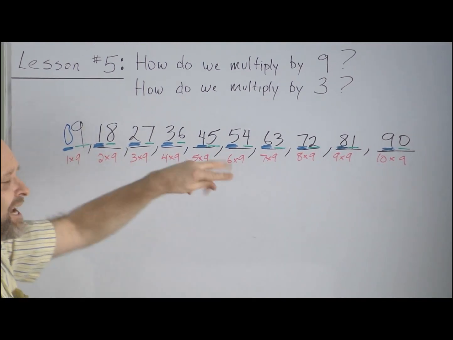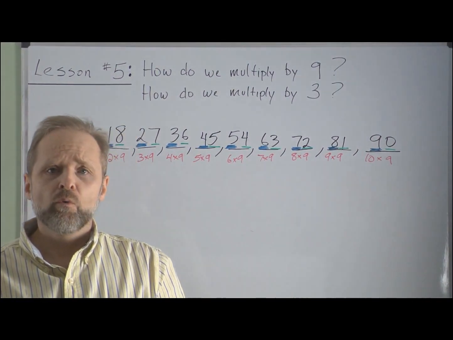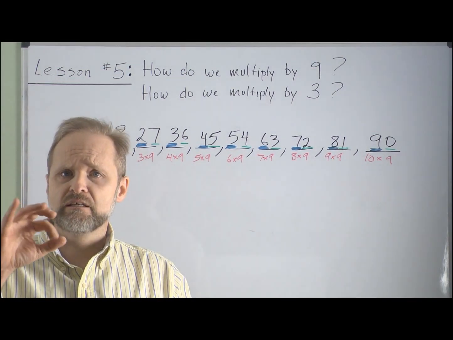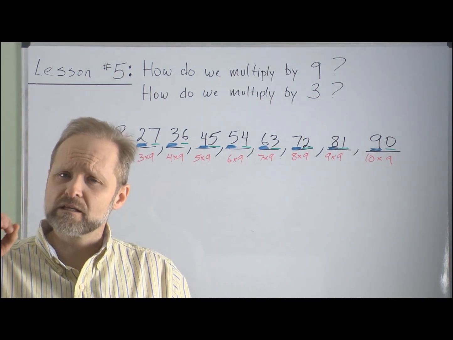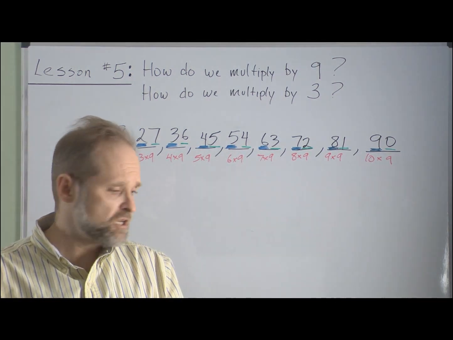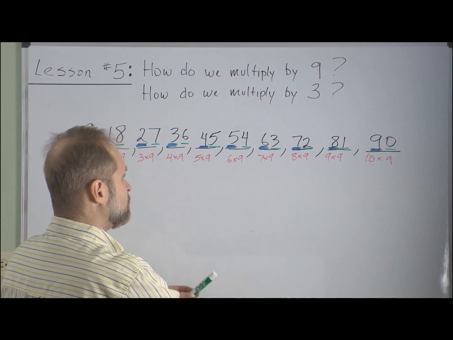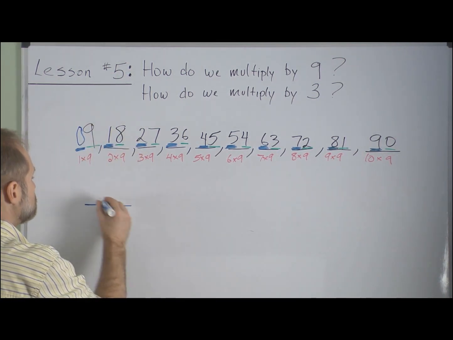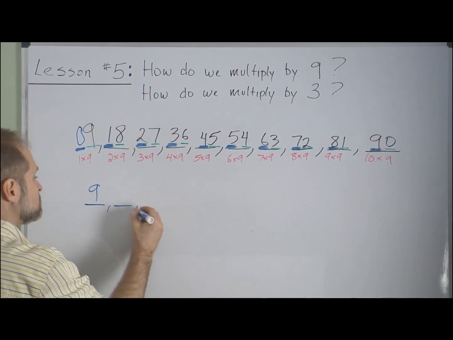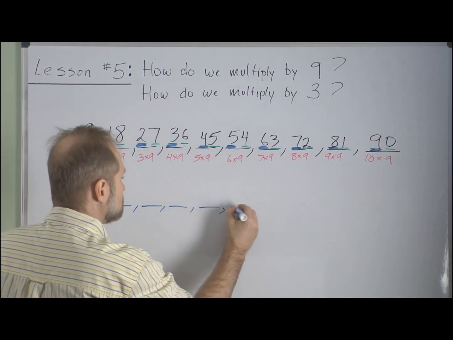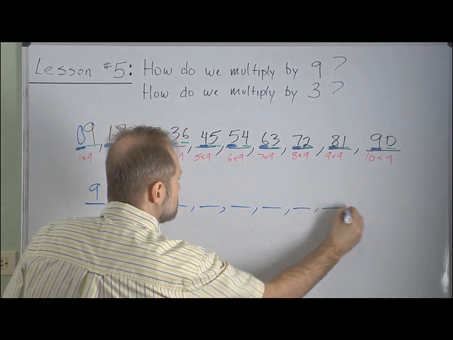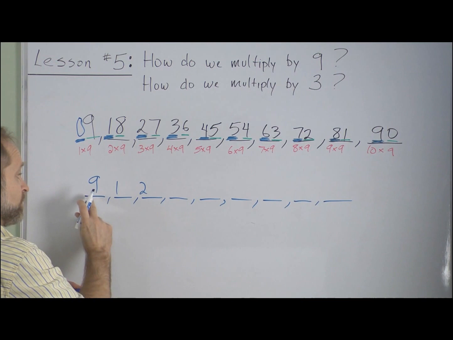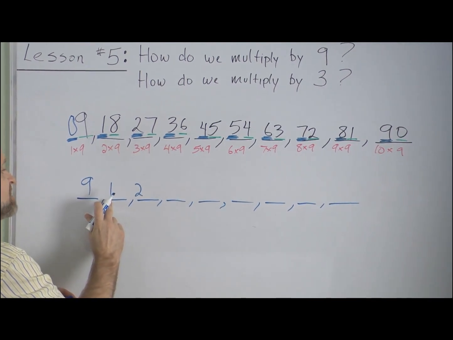Now, why is this pattern important? Well, one thing is this. When you're filling out your skip counting sheet that's at the end of your book, and when you're practicing skip counting on your own, if you're trying to skip count by the number 9, what you can do is you can go ahead and draw out your blanks, and you know you start off with a 9. And then what you can do is you can say I get 18, 27. And what I'm going to do is I'm going to write out the tens place here.